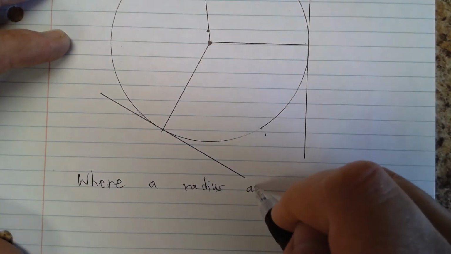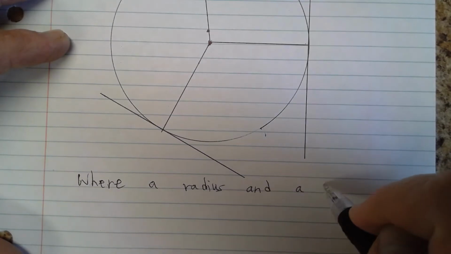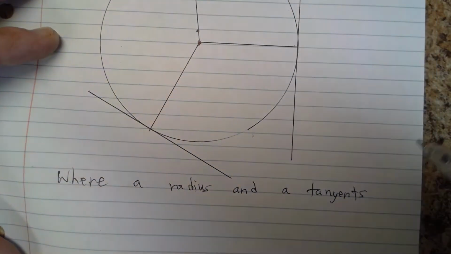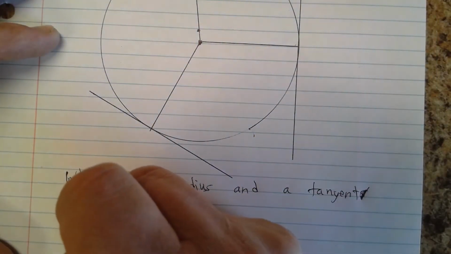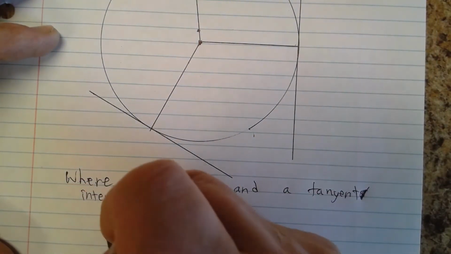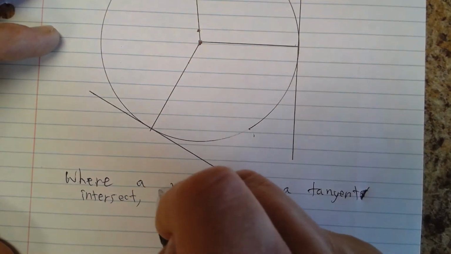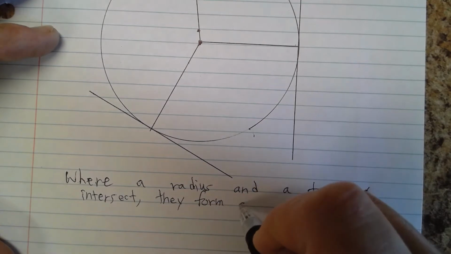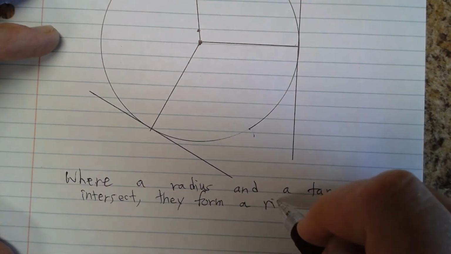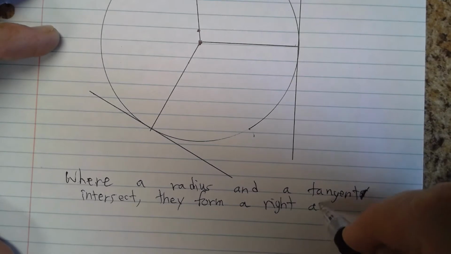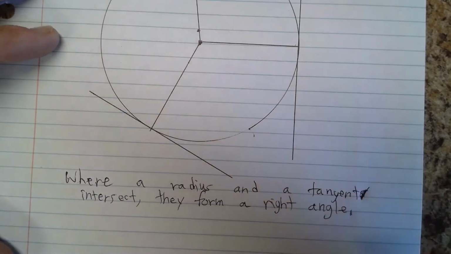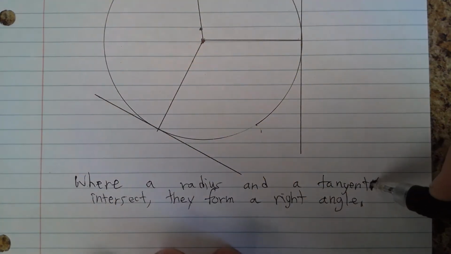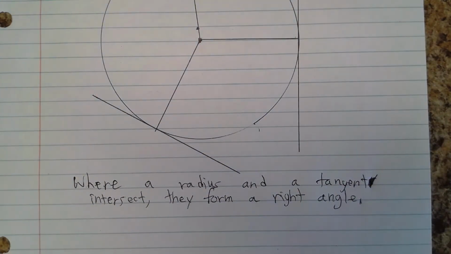Where a radius and a tangent intersect, they form a right angle. Where a radius and a tangent intersect, they form a right angle.